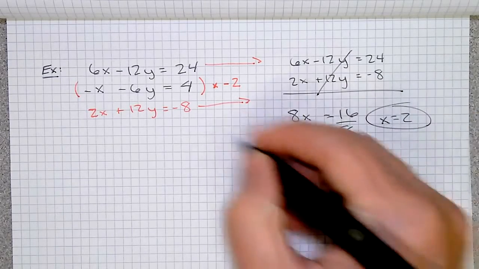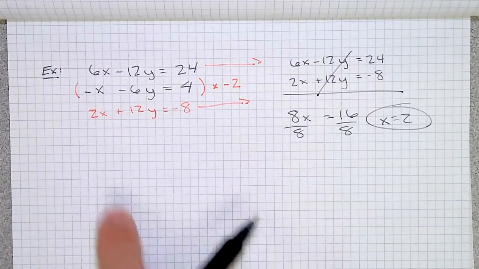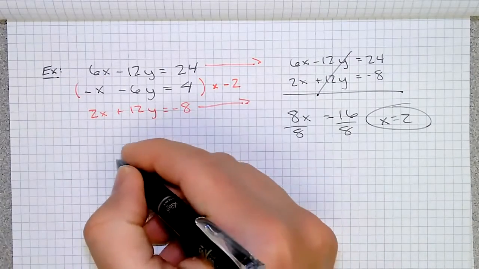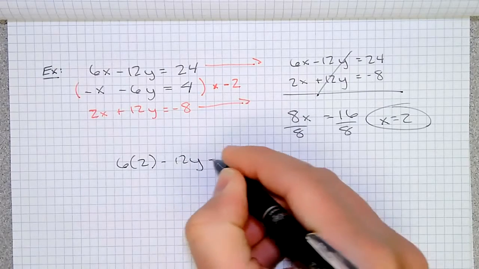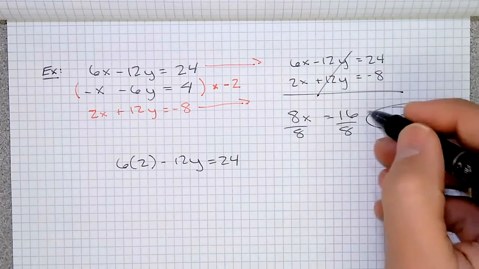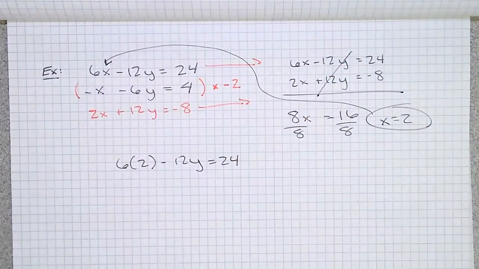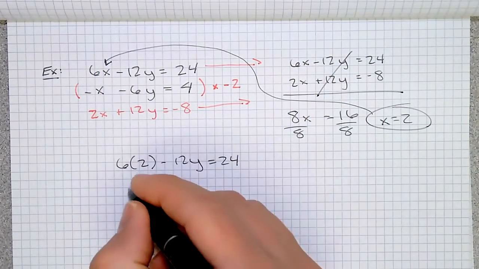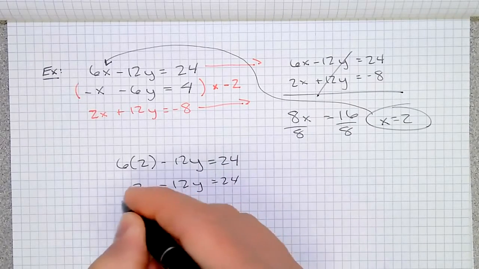Okay, so I've got to take that and plug it into one of these equations. Doesn't really matter. I'm just going to stick with the top one. So I get 6 times 2 minus 12y equals 24. Twelve minus 12y equals 24.